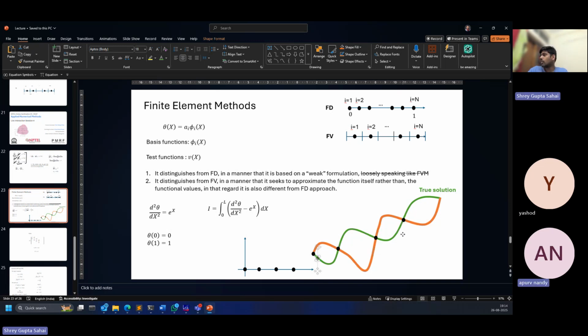Again, the approximate solution has not changed, but at least around these points, the error is going to be zero. It will not be something like this. Let me draw that.